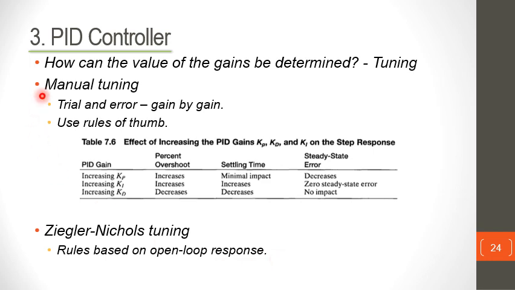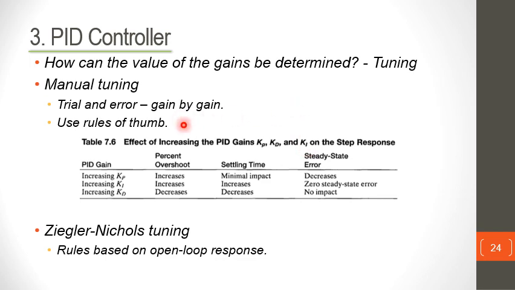In terms of manual tuning, this is a trial and error process, and tuning is done gain by gain. Typically, you would set the integral and the derivative gains to 0 whilst you tune the proportional controller first, and then you tune the derivative controller, then afterwards you tune the integral controller.